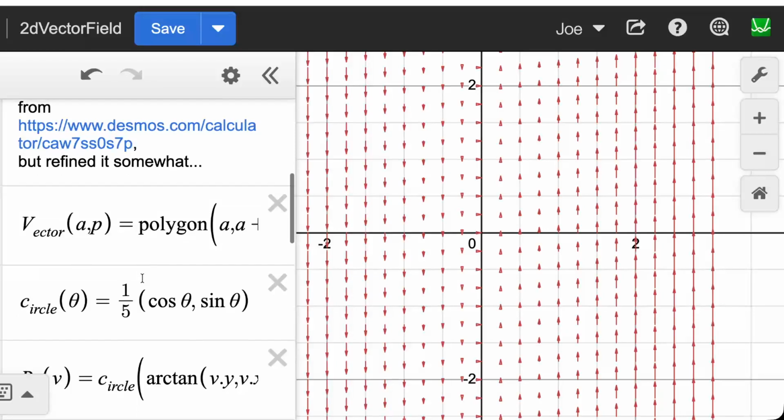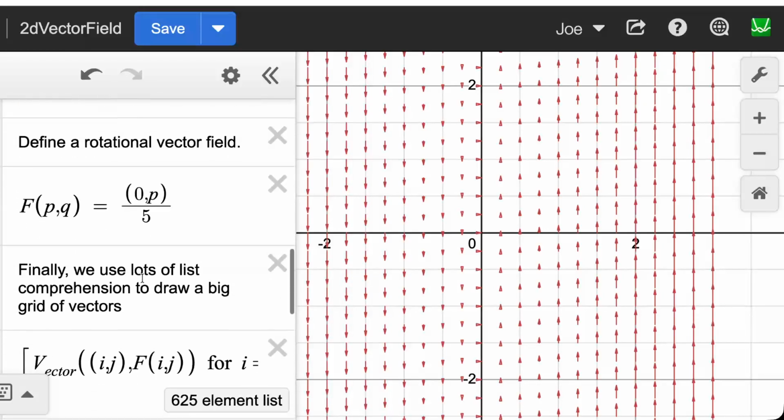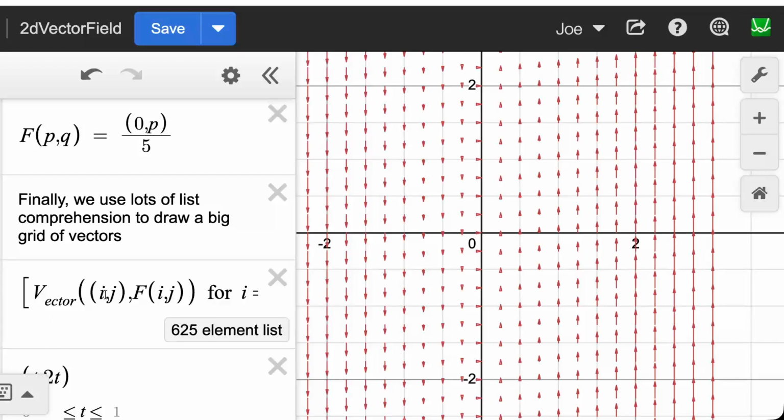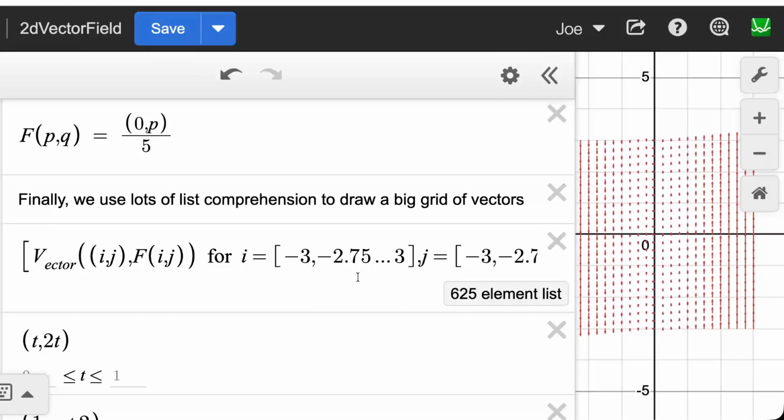Okay, so I want you to just ignore the next few cells in this Desmos window. Gotta double check that I'm showing you the right window. I am good. The last thing we're going to do is called a list comprehension. I've done this in front of you a few times, but what is it? It creates a big list which contains lists.